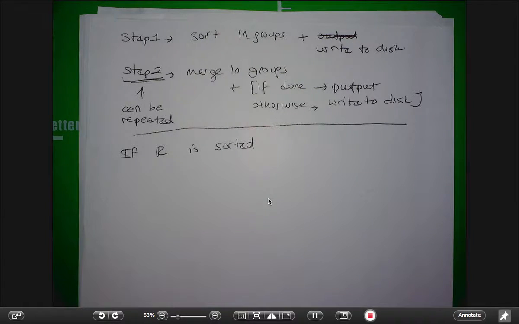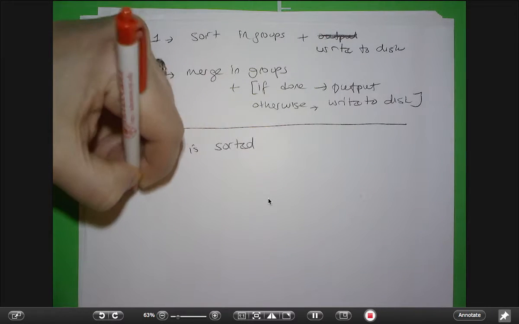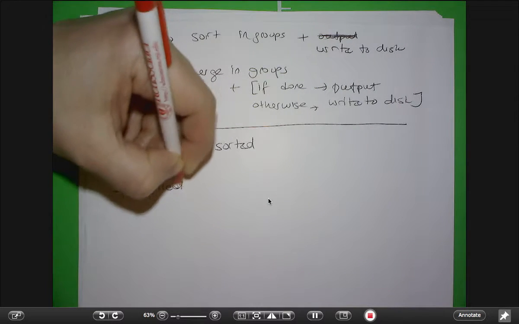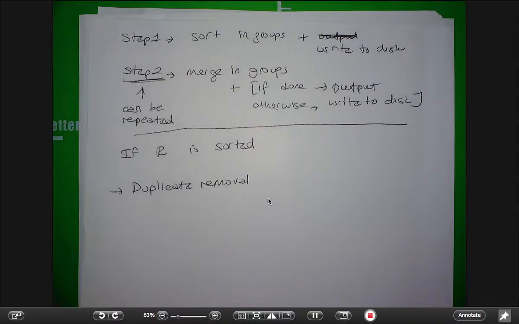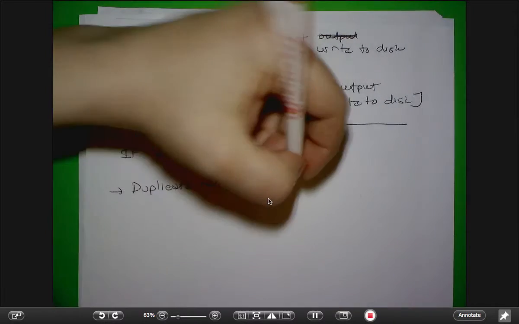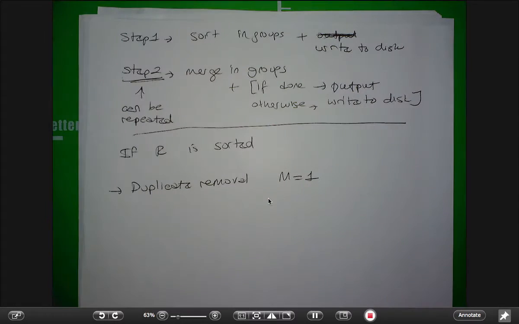They become almost trivial. Okay? So let's think about duplicate removal, right? Basically, you only need one page, and you only have to keep track of the last tuple that you have seen.